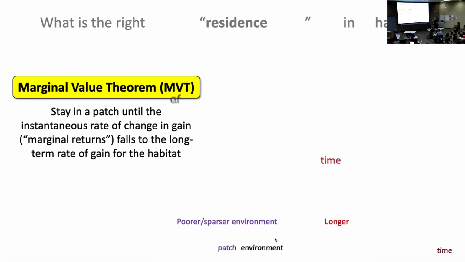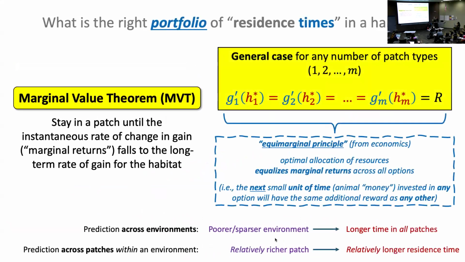Okay. So, if we think more generally, what if you have more than one patch type? Then, if you think it all through, every single patch is going to have that marginal value theorem formula from the previous slide. Since they're all equal to the same thing, they're all going to be equal to each other.